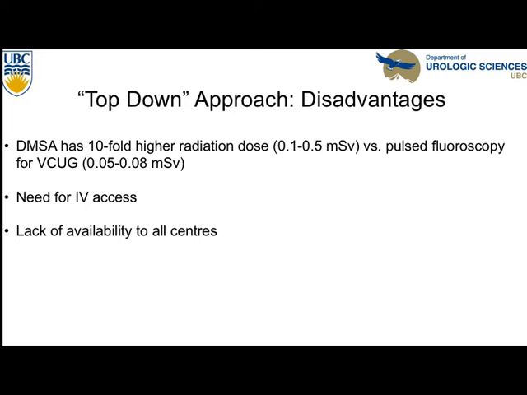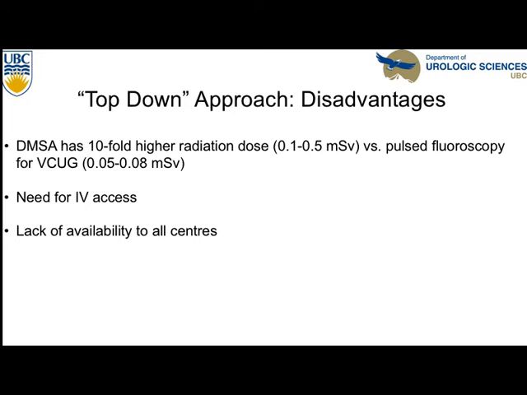Now, similar to the bottom-up approach, there are also some disadvantages to this method of going about things. One is DMSA is a 10-fold higher radiation dose than the fluoroscopy they use for VCUG. If you look at the numbers, though, overall it's still quite low compared to last week's talk when they were talking about CTKUB and all the other modalities, but it is higher compared to VCUG.